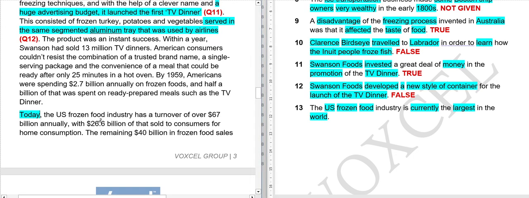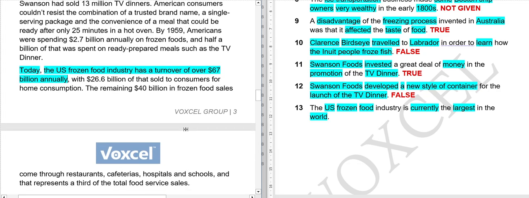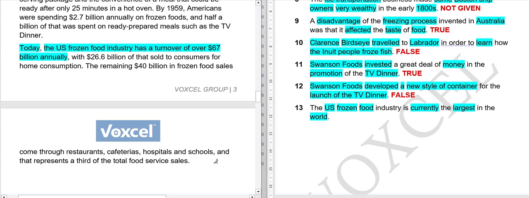The US frozen industry has a turnover of over $67 billion annually, with $26.6 billion of that sold to consumers for home consumption. The remaining $40 billion in frozen food sales come through restaurants, cafeterias, hospitals, and schools, and that represents a third of total food service sales.